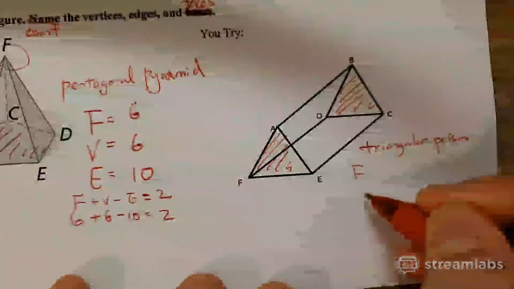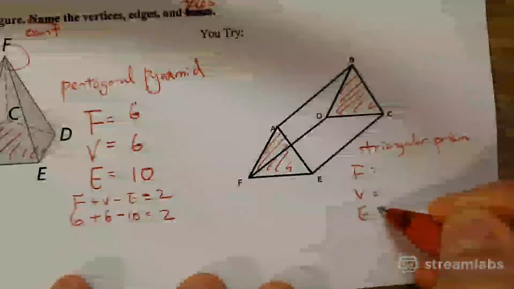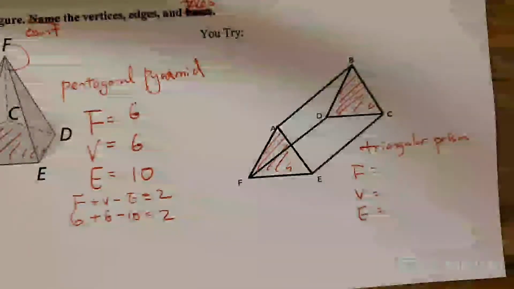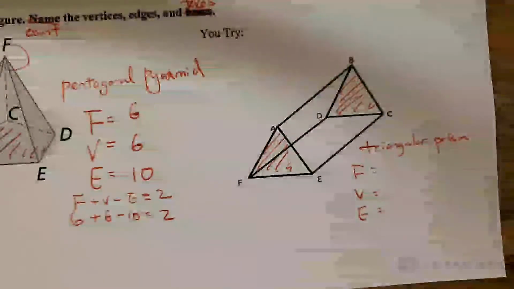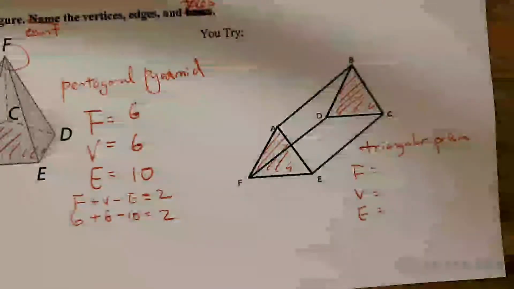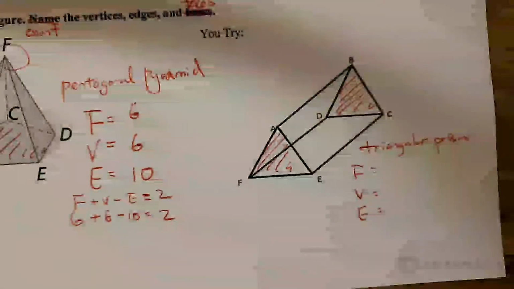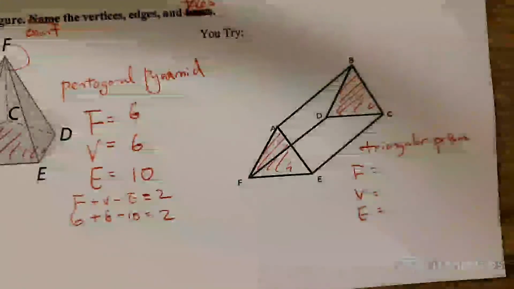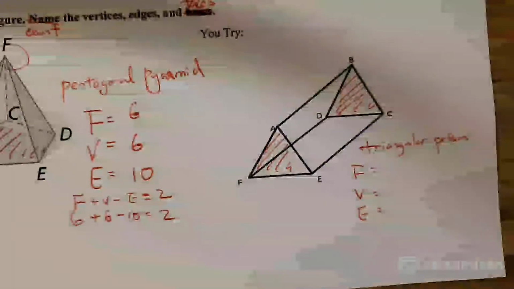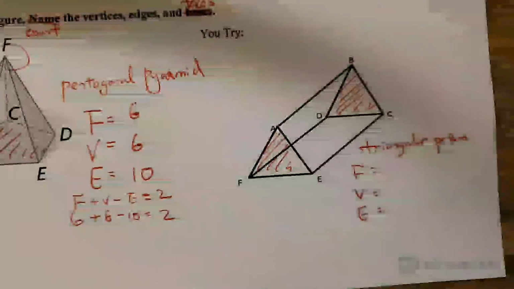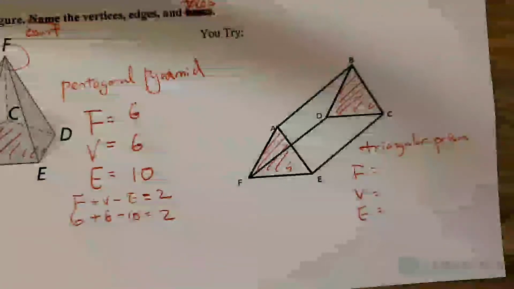Okay. Once again, F, V, E. 5, 6, 9 is 2, right?